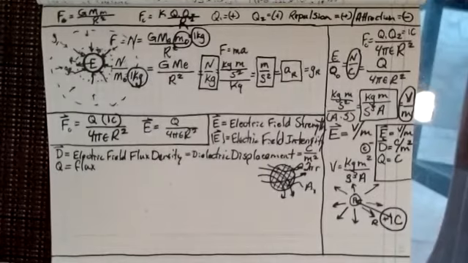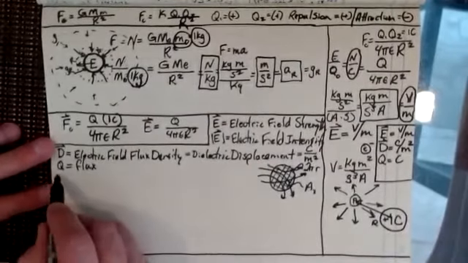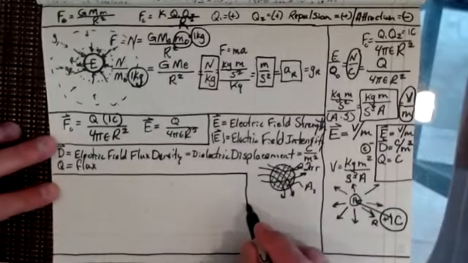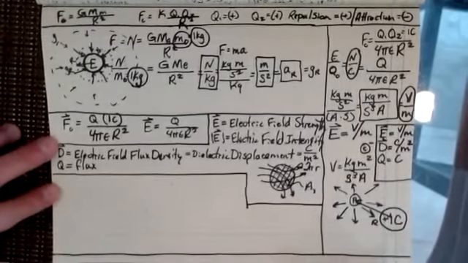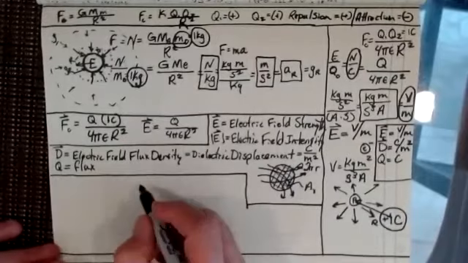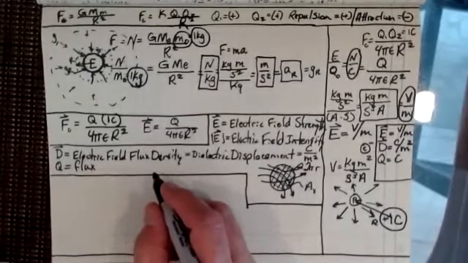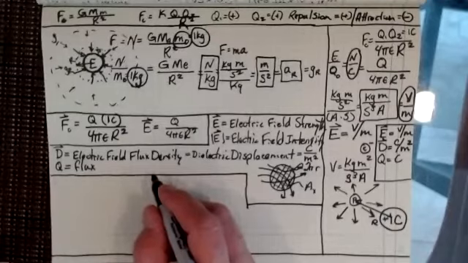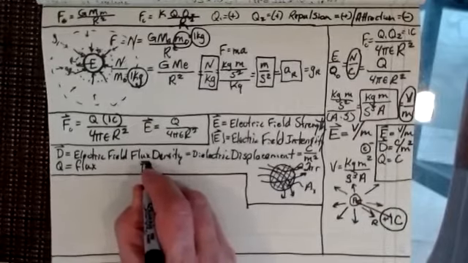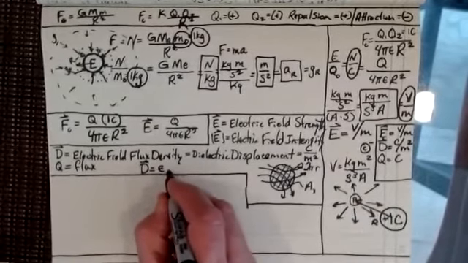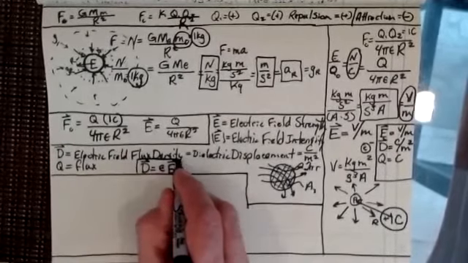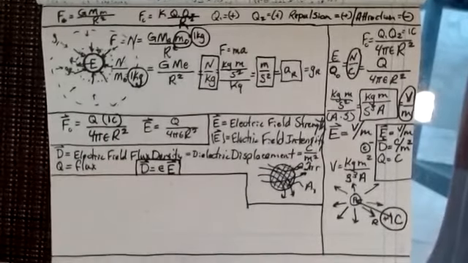I want to point out, now what I want to do is talk a little bit about magnetism. So if this is our electric field strength, and you probably saw on page 15 in the textbook that D equals epsilon E. Let's put a little box around that.